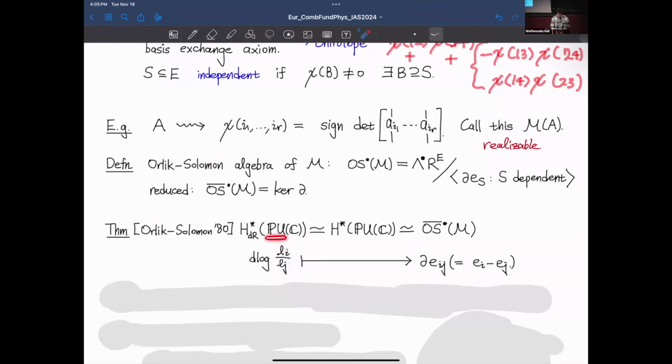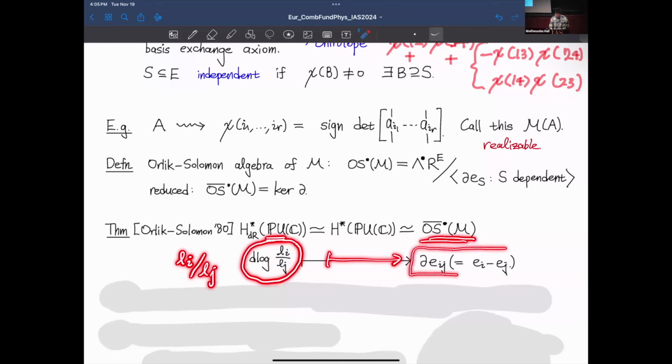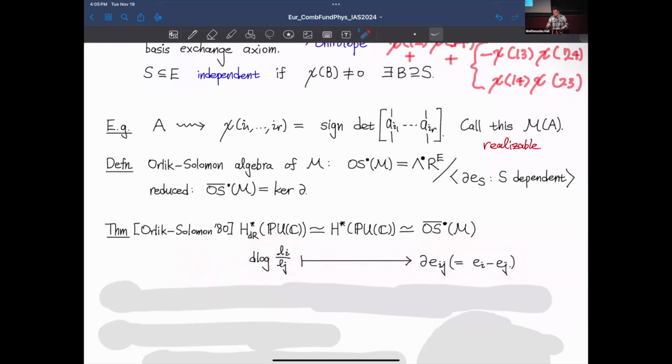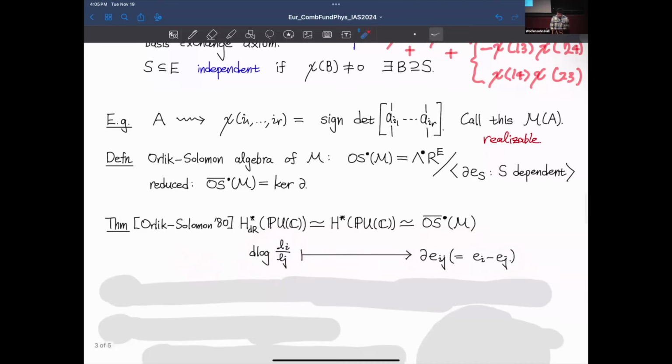So here, since we projectivize, these linear functionals are no longer actual functions, but their ratios are. So I take d logs of those, and under this map, that goes into the reduced Orlik-Solomon algebra to exactly that element. And under that map, there's an isomorphism. So the Orlik-Solomon theorem states that I can completely understand the cohomology ring as this Orlik-Solomon algebra.